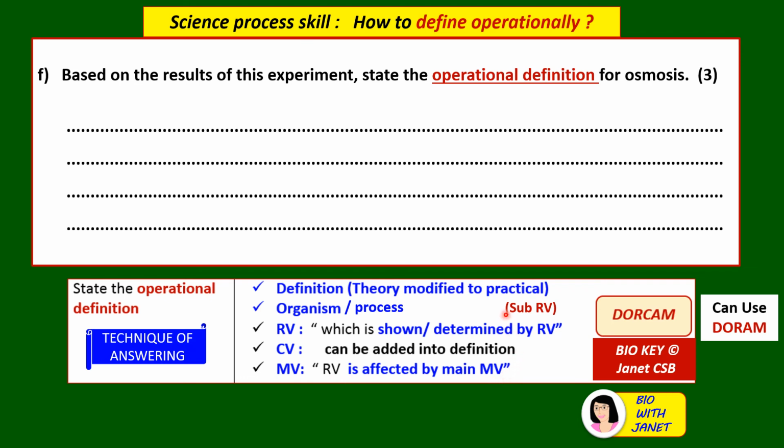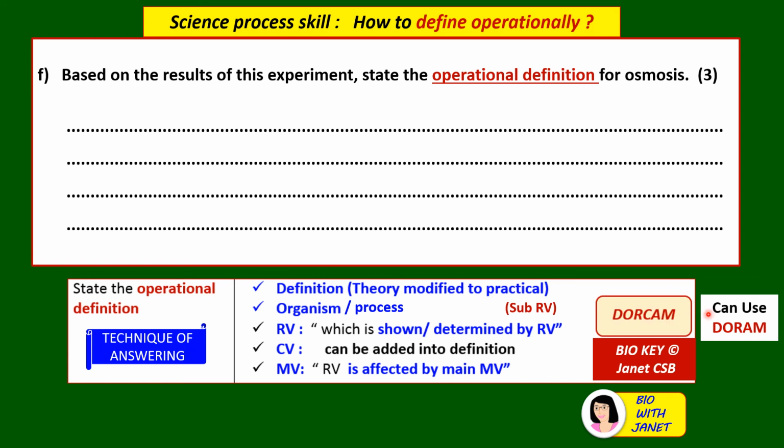So in short, we can form an acronym, DORCAM. Think of DORCAM. D-O-R-C, A is for the words affected by, and M is for MV. DORCAM, like a door camera, a camera that you put near the door, right? But some teachers don't include the C, okay, because it is not included as part of the points yet.